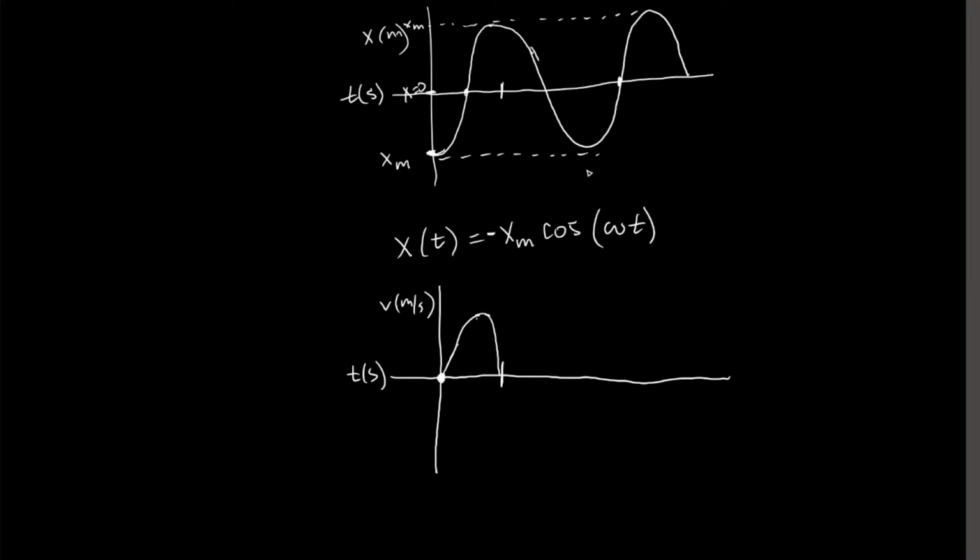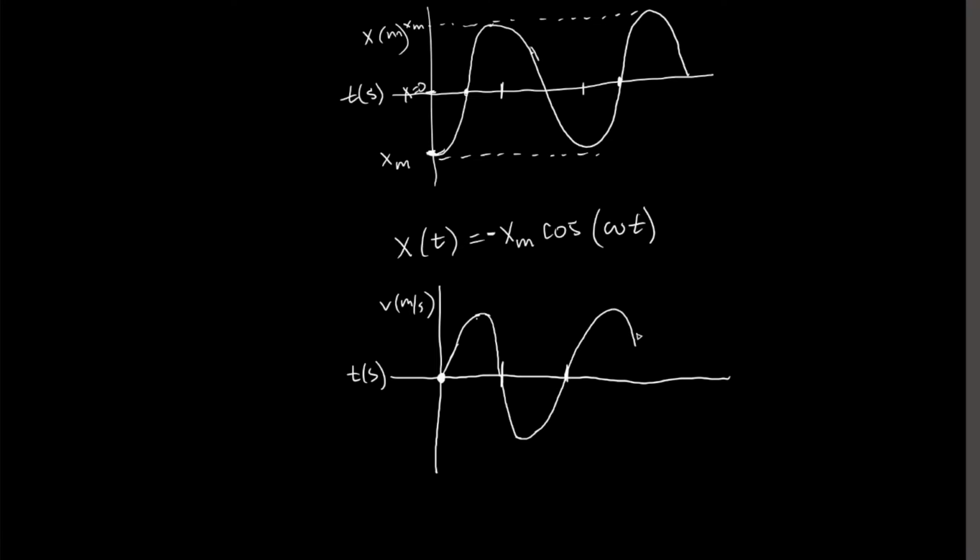Then it starts going down. And right here, it's still going down, but it's trending back to 0. And right here, it's back to 0 velocity. And then that just repeats.